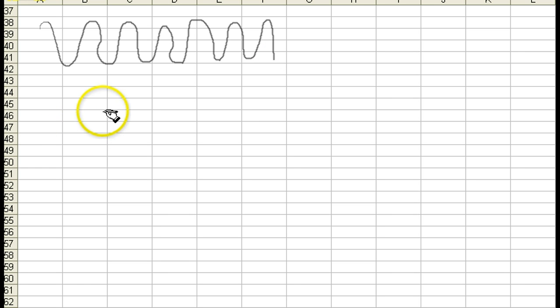Now, along this axis is time, and what we want to do is describe this wave. We want to describe the frequency of this wave.